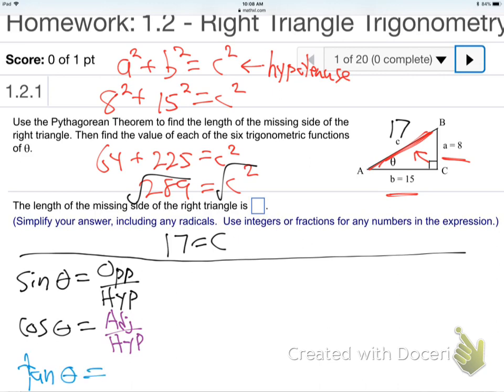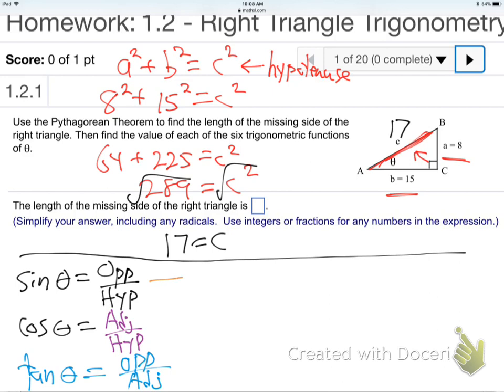Tangent is opposite over adjacent. You're going to want to write these down on your 3x5 card also for the exam 2 weeks from today. So we have those 3, and then the other 3 are just upside down.